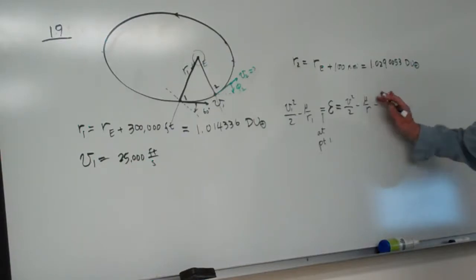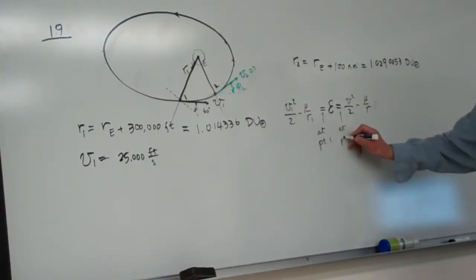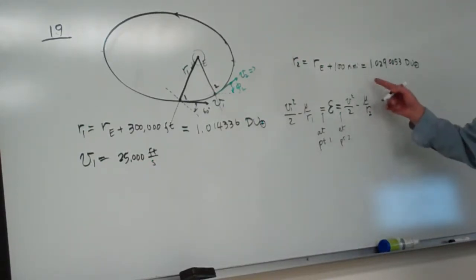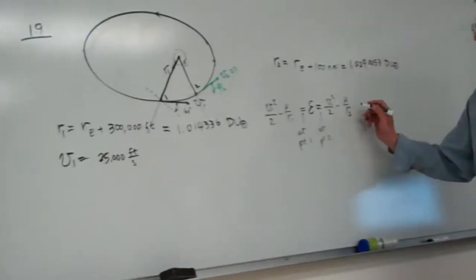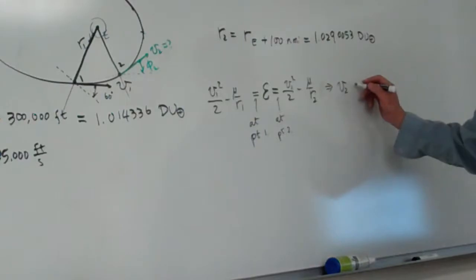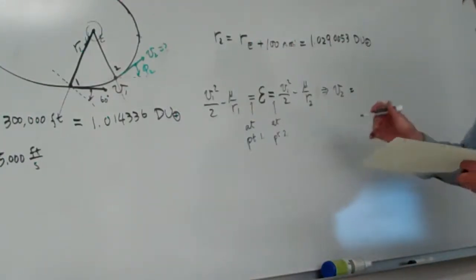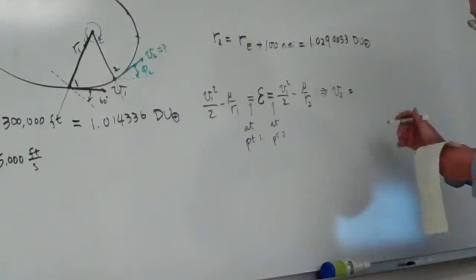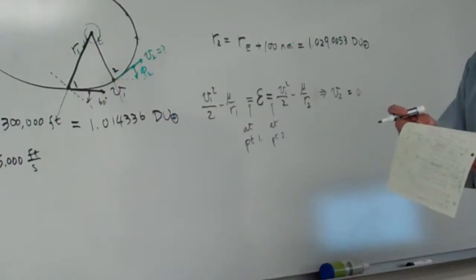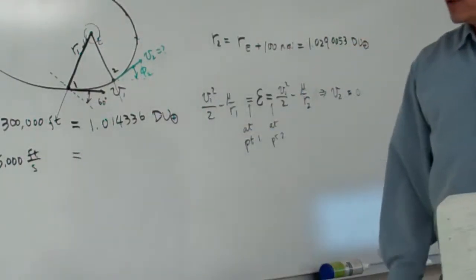So right now, again, at point 2, we have R2 given. From here, we should be able to calculate V2. So V2 can be determined. How about we do a little bit of exercise?